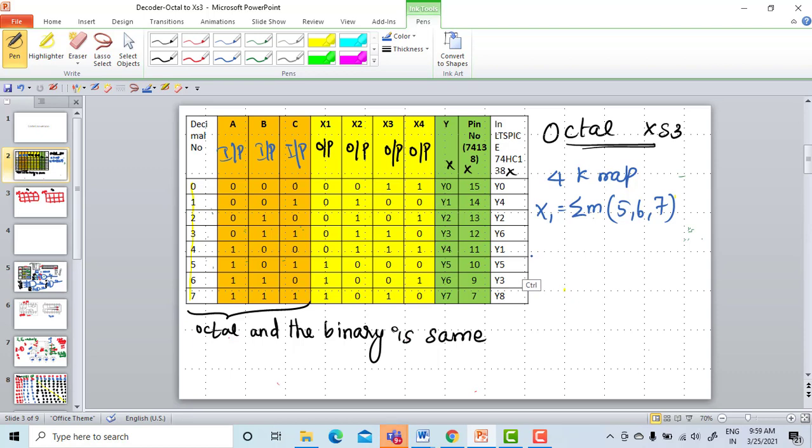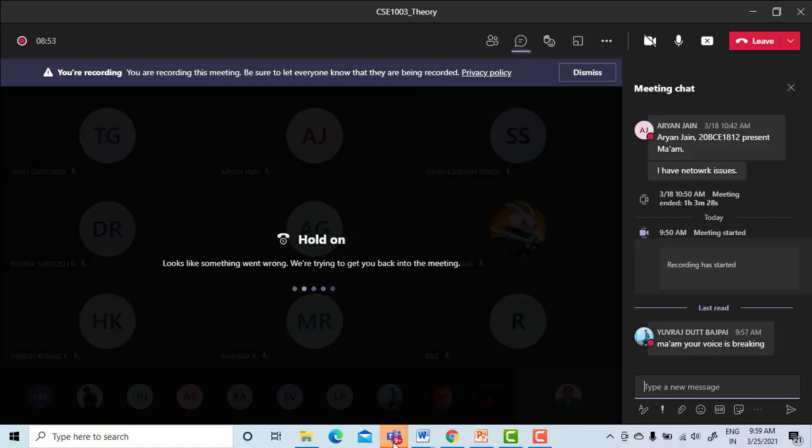And then your x2 is equivalent to the sum of min terms for which x2 is 1.